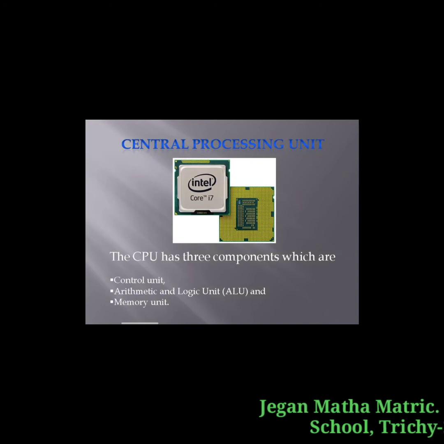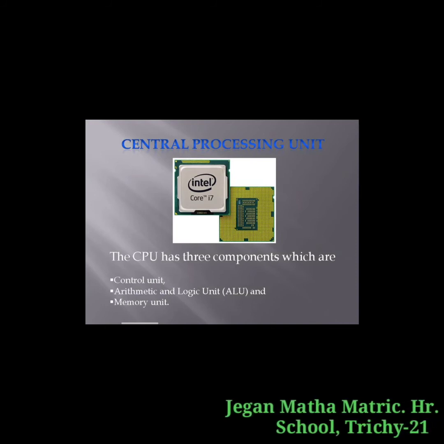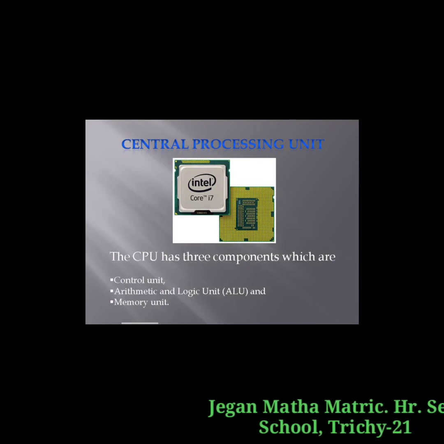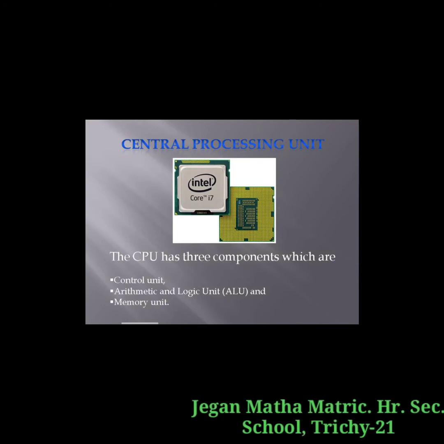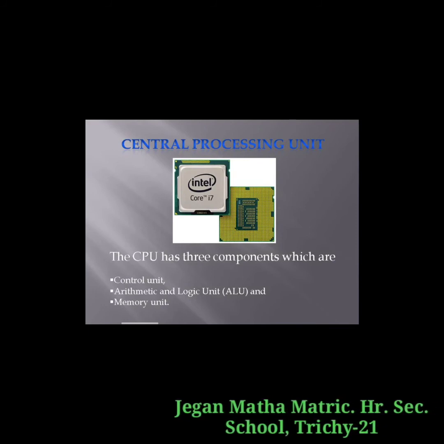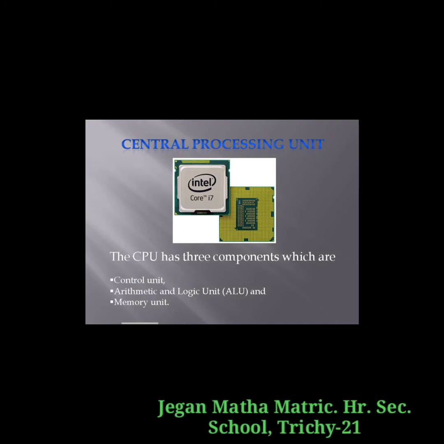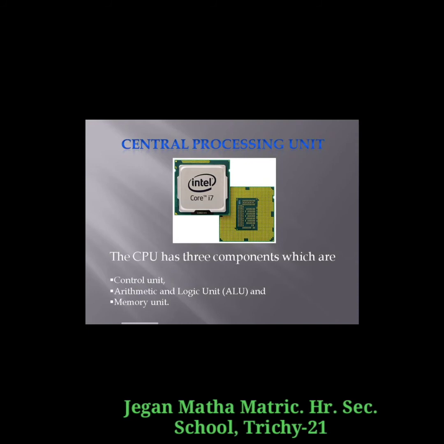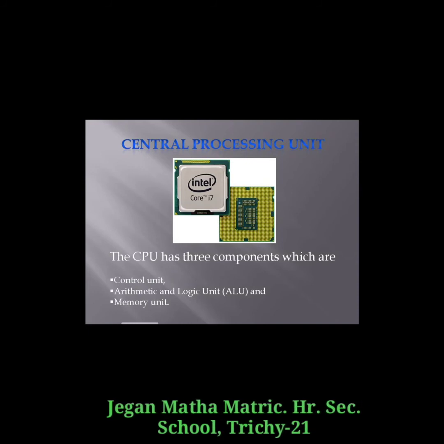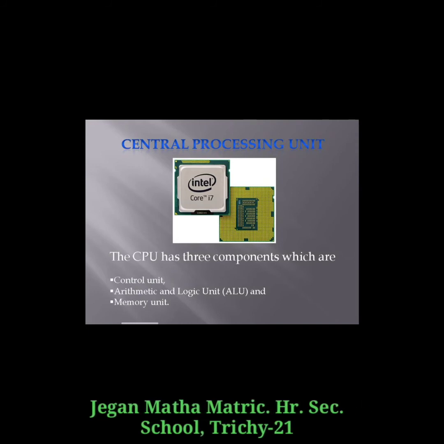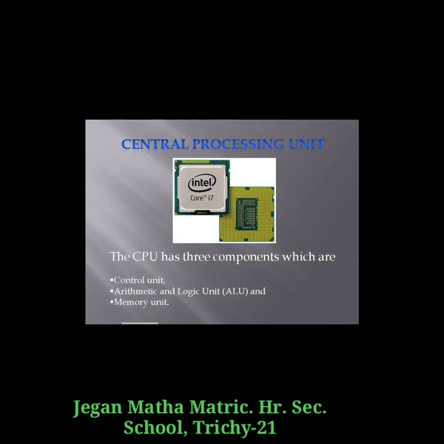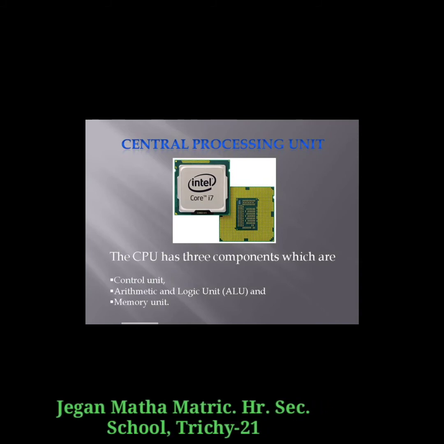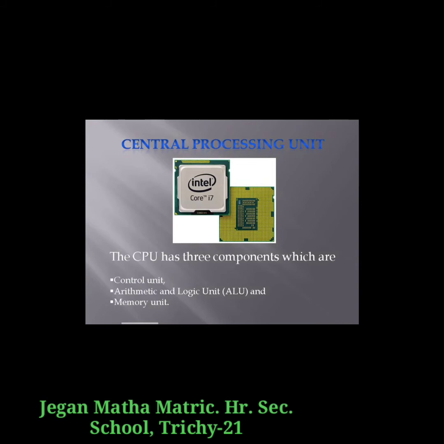CPU, Central Processing Unit. The CPU is the major component which interprets and executes software instructions. It also controls the operation of all the other components like memory, input and output units. It accepts binary data as input, processes the data according to the instructions and provides the result as output.